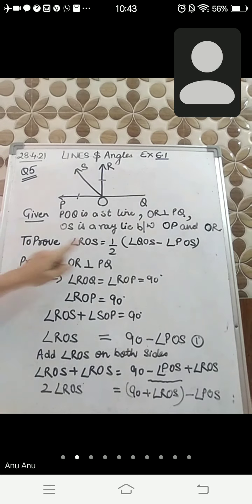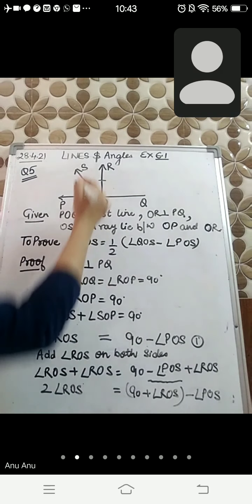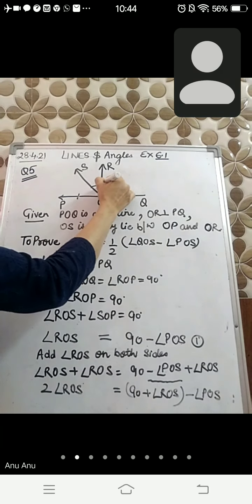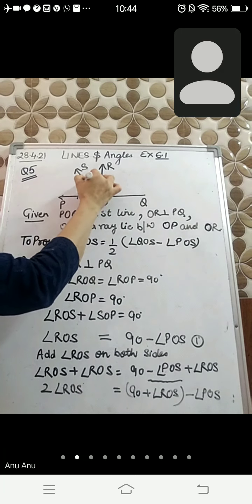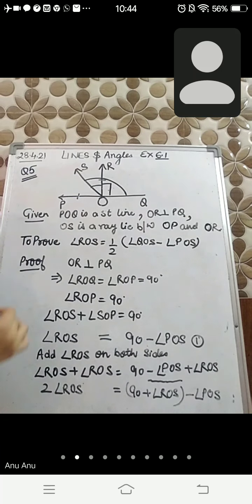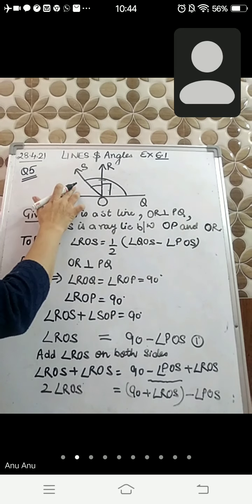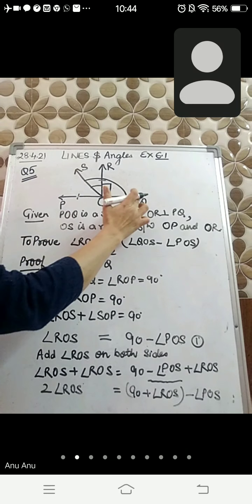Is this clear? So if I add 90 plus ROS, this is your ROS, this is your 90. That means 90 plus ROS will give you QOS. This could also be 90, but we want QOS.